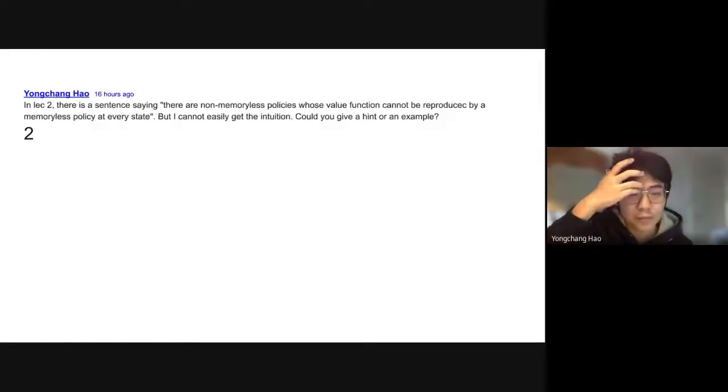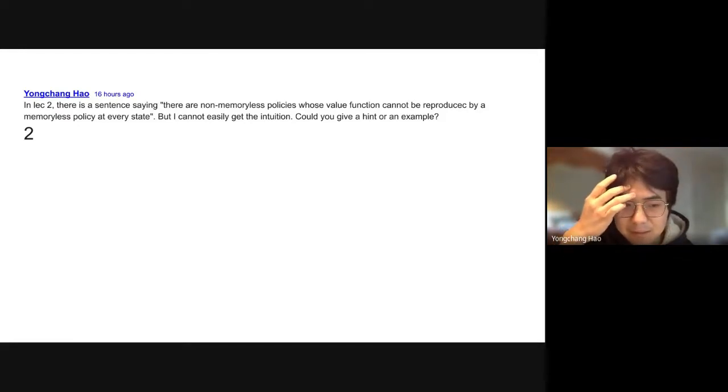Yeah. My question is about the memoryless policy. There's a sentence in the notes saying that there are non-memoryless policies whose value function cannot be reproduced by a memoryless policy at every state. But I'm not sure how to understand this.